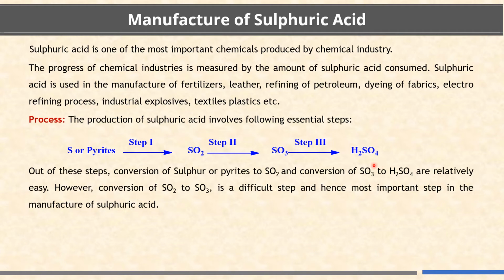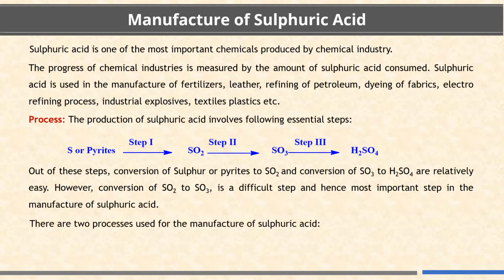Out of these steps, conversion of pyrites to SO2 and conversion of SO3 to H2SO4 are relatively easy. However, conversion of SO2 to SO3 is a difficult step and hence the most important step in the manufacture of sulfuric acid.